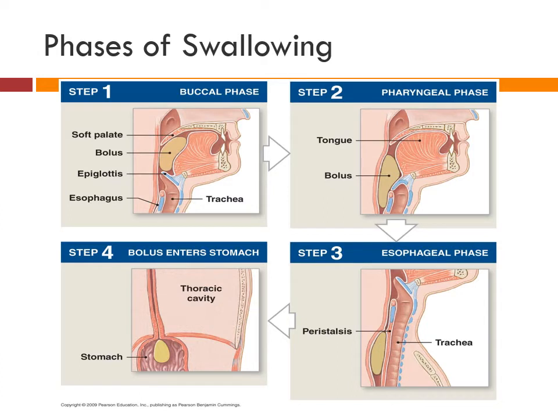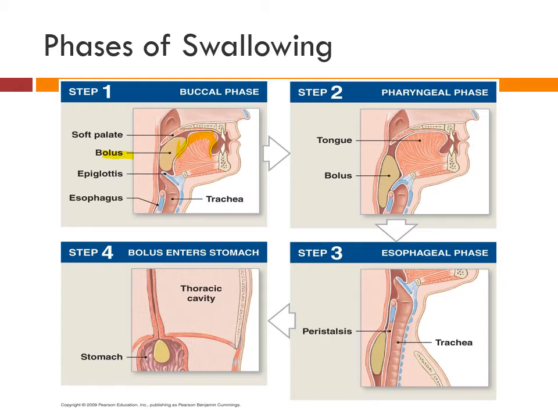So here's a little picture of the phases of swallowing. So step 1, you see that the bolus has just been, how the tongue presses up and pushes the bolus back toward the oropharynx. And this is what triggers the swallowing reflex.